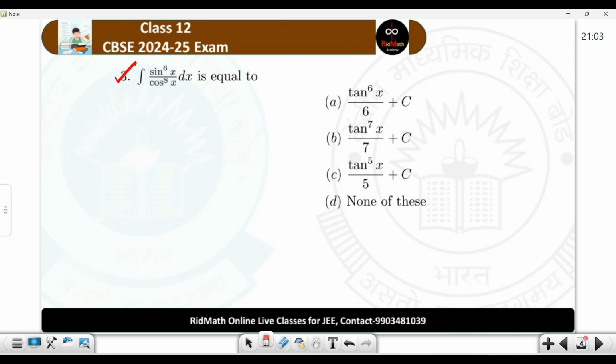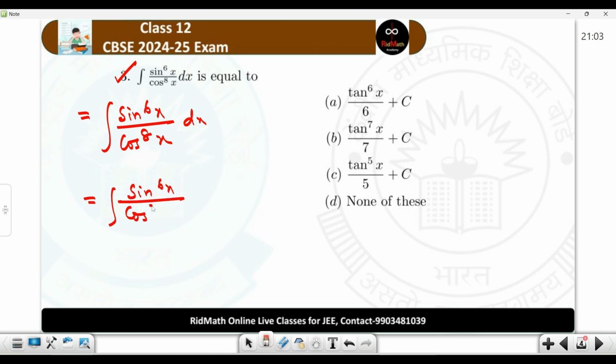Problem number 3. Integration sine to the power 6x divided by cos to the power 8x dx is equal to. So let us integrate. This is sine to the power 6x divided by cos to the power 6x into 1 by cos square x dx. So this is tan to the power 6x and this is sec square x dx.